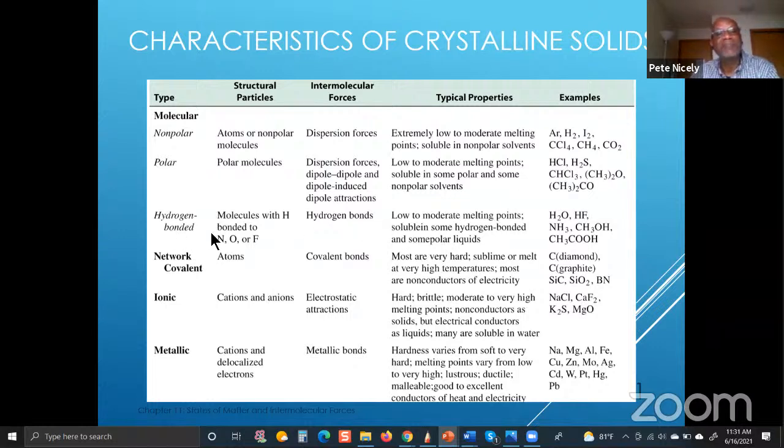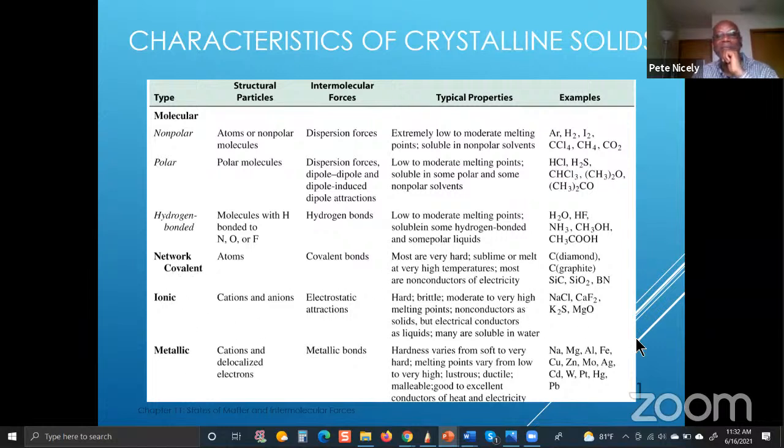And then we have hydrogen bonding, which is a special type of dipole-dipole interaction. And these compounds tend to have low to moderate melting points, and they tend to be soluble in hydrogen bonding and some non-polar, some polar liquids. And these are examples of compounds which display that type of bonding. Okay, now we haven't covered these yet. We're going to cover them shortly.